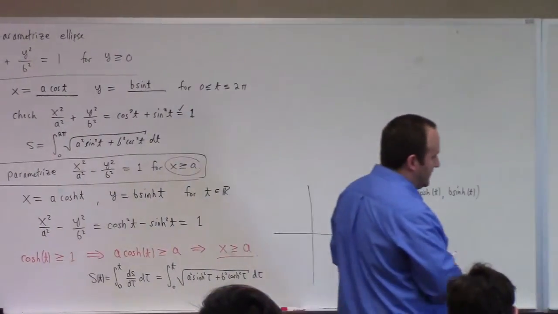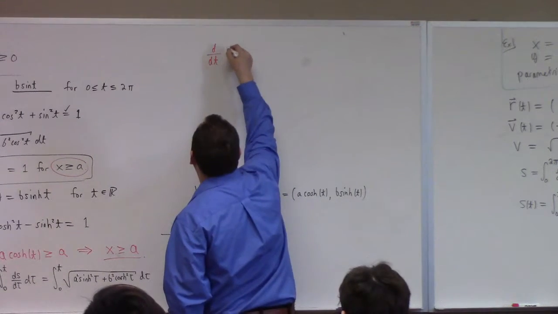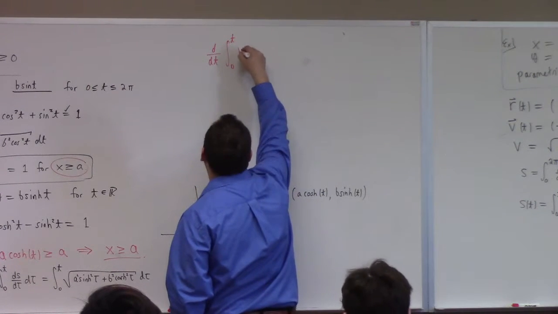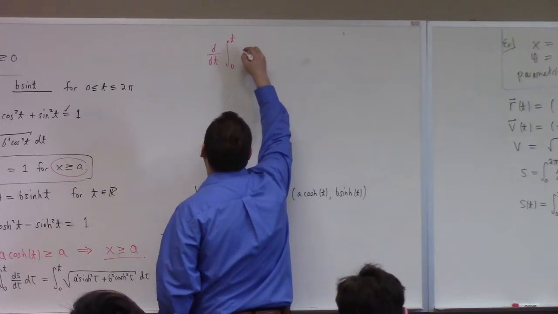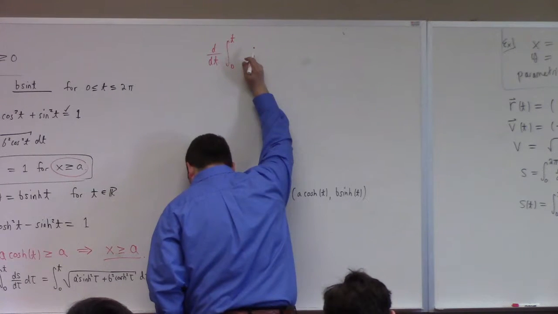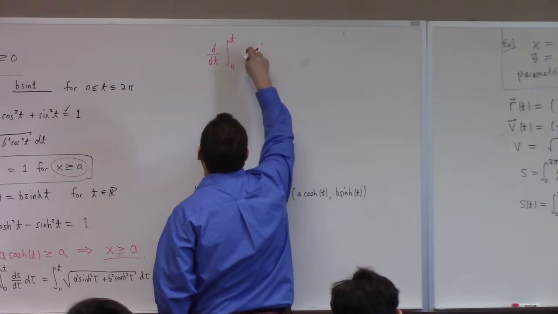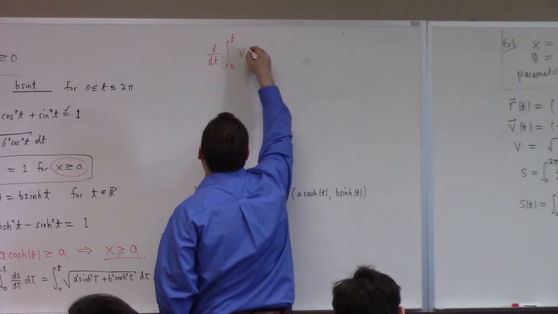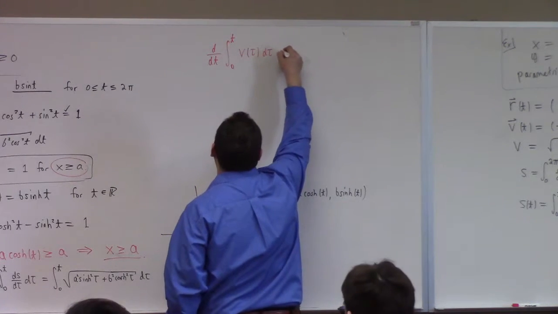You can easily prove that from the fundamental theorem of calculus. Check it out. If I calculate d dt of the integral, say from 0 to t, of v of tau d tau, let's say, what's that give you?